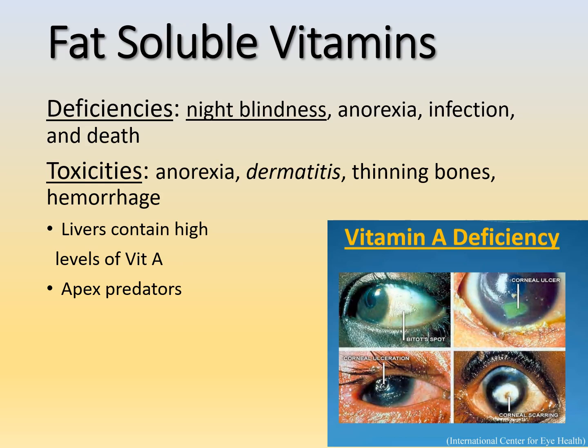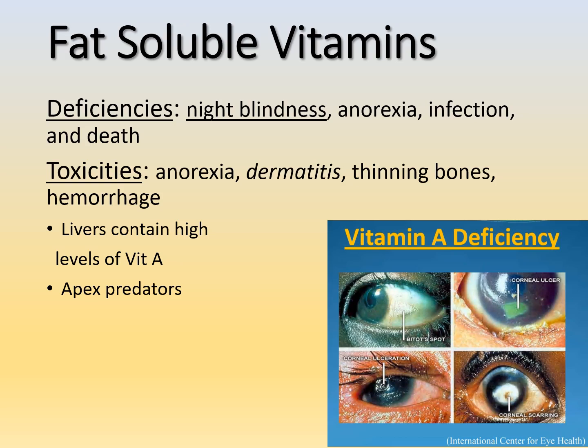And because it's a fat-soluble vitamin, we can see toxicities as well because we store those fat-soluble vitamins in our liver. So if you have too much vitamin A, you can get some toxicities. And this we see in some of our apex predators that will eat whole animals, livers.